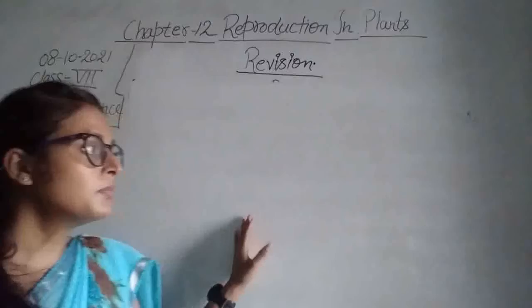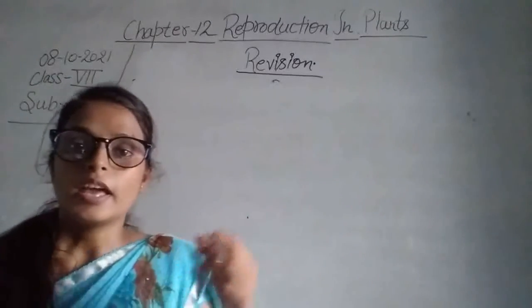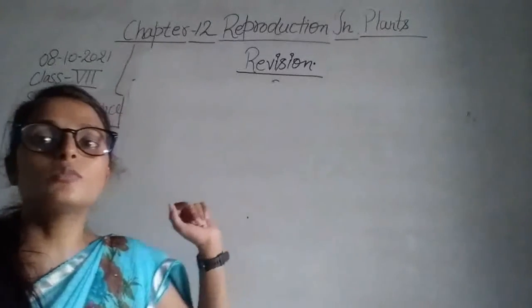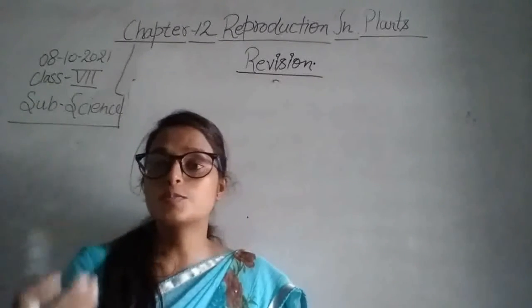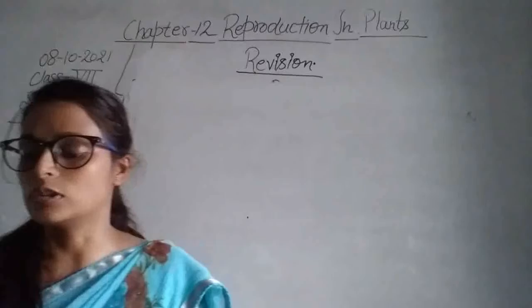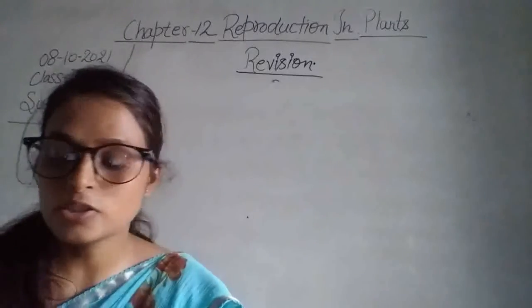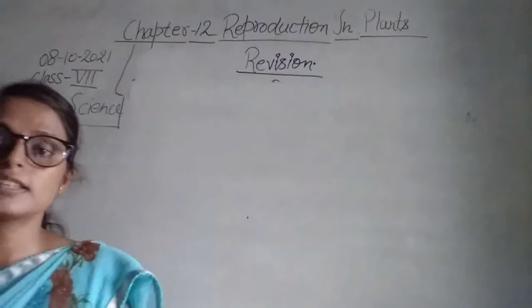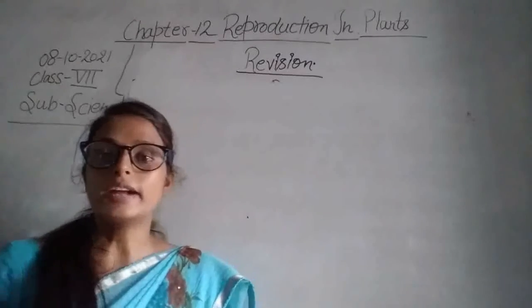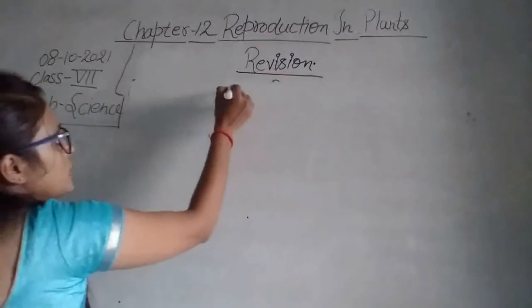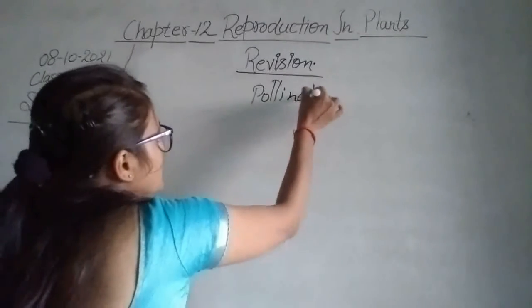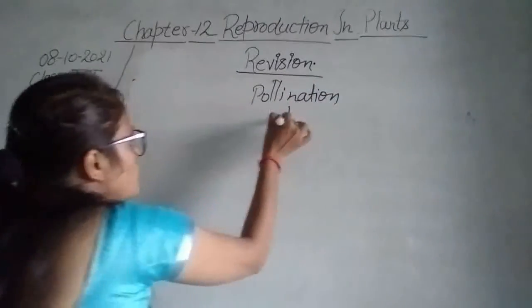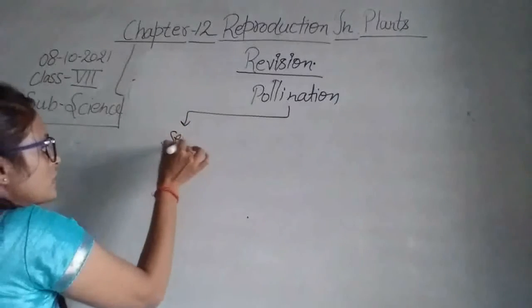Means जब pollen grains एंथर से स्टिग्मा की ओर मूव करते हैं, उस प्रोसेस को हम लोग पॉलिनेशन बोलते हैं.